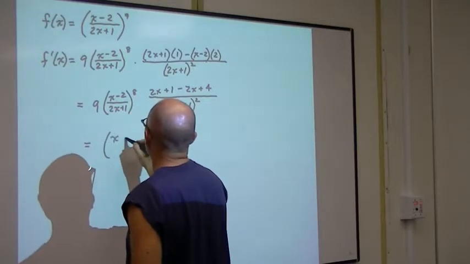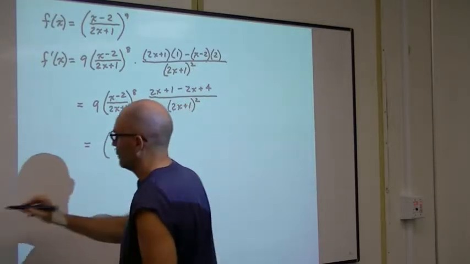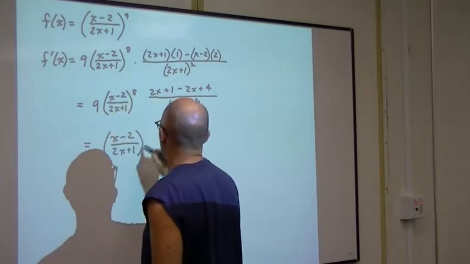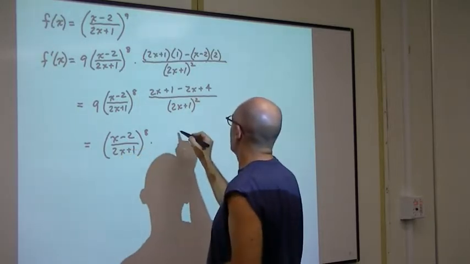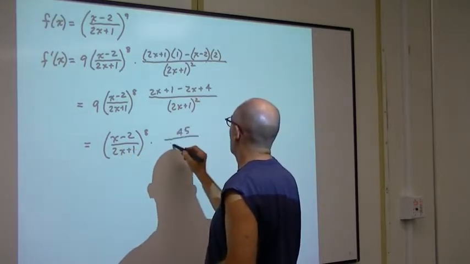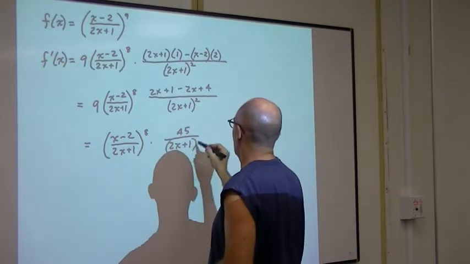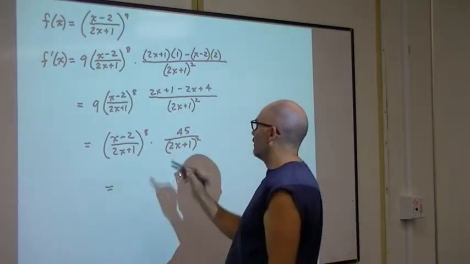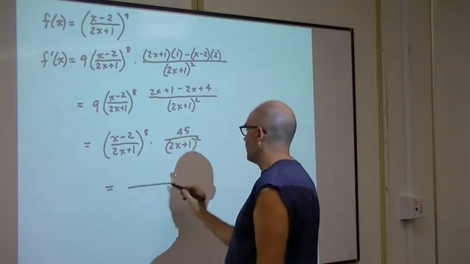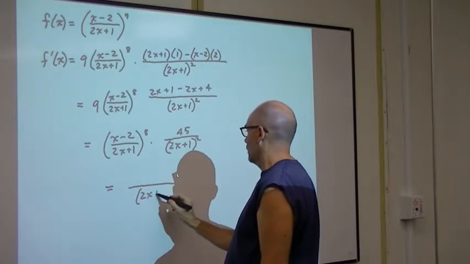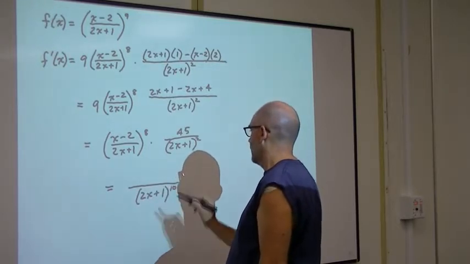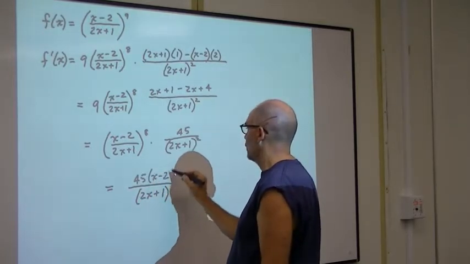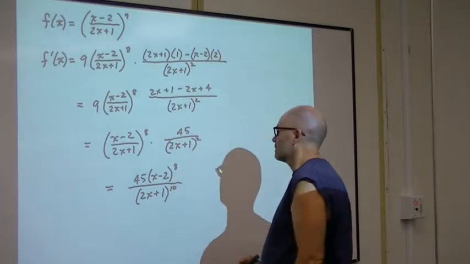It's going to be (x minus 2)/(2x plus 1) to the 8th times 45 over (2x plus 1) squared, which then equals, if I multiply this out, 2x plus 1 to the 10th on the bottom, and on top, 45 times (x minus 2) to the 8th.